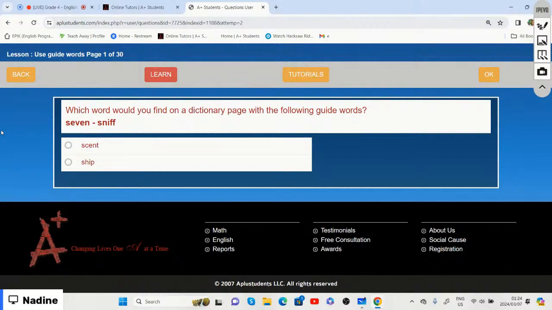Which word will you find on a dictionary page with the following guide words? The guide words that are shown to us are seven and sniff.